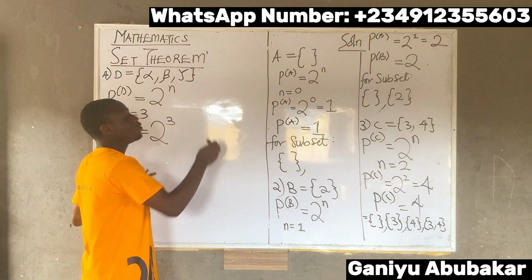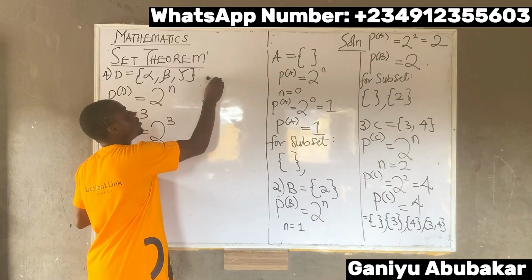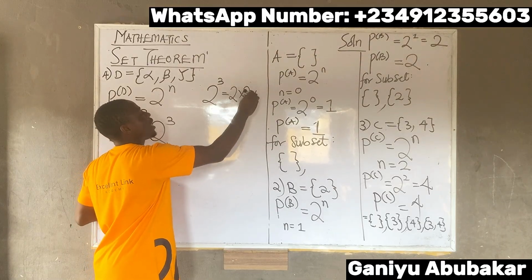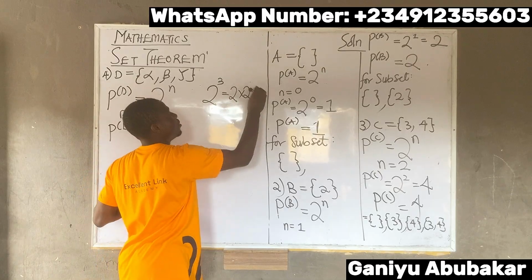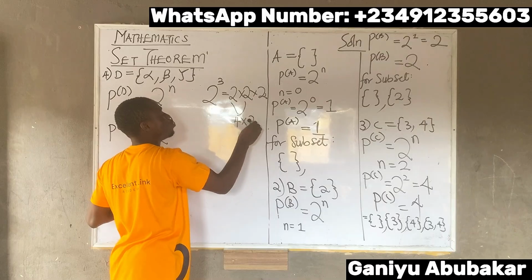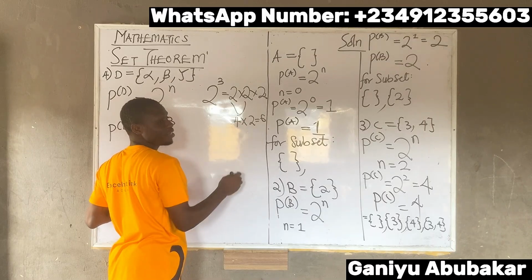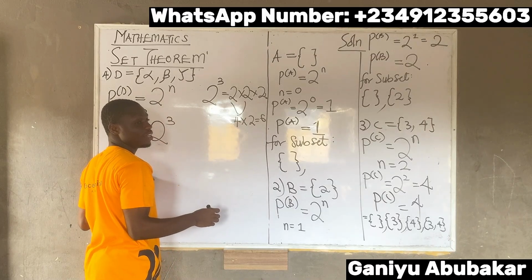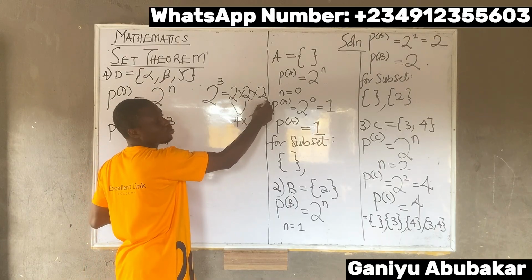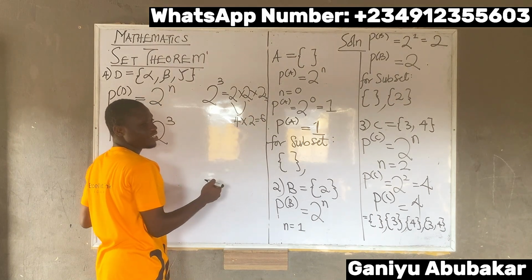It's 8. 2 to power 3 is of course what there? 2 times 2 times 2. 2 times 2, 4. 4 times 2, 8. 2 times 2, 4 times 2.